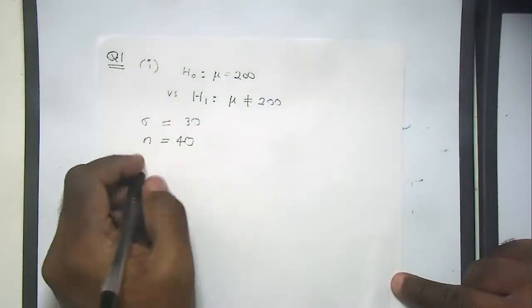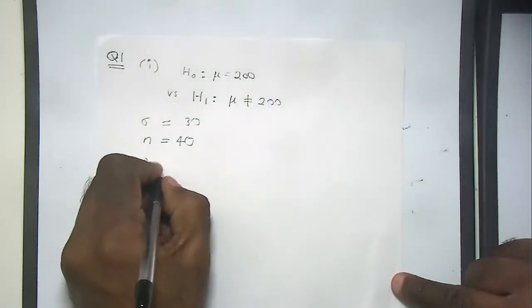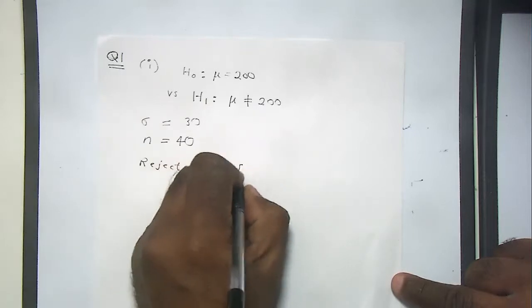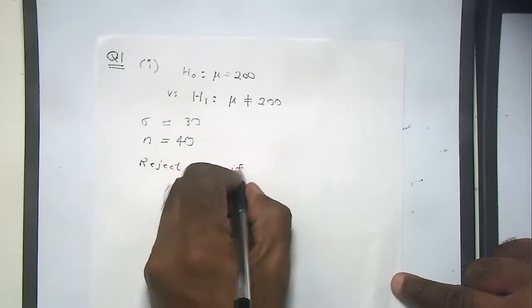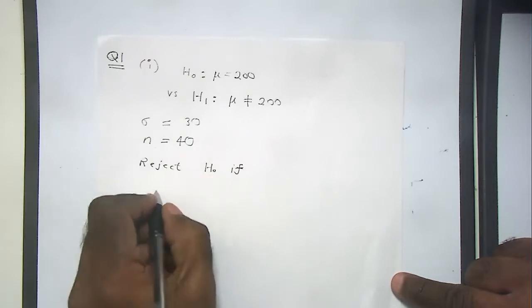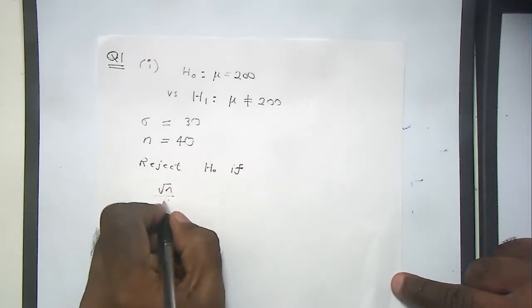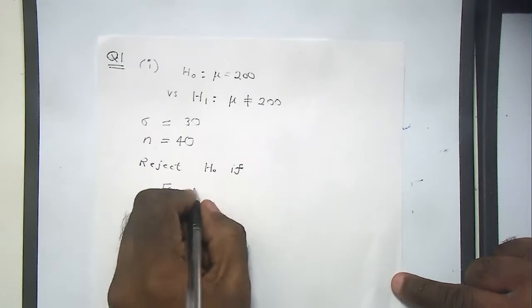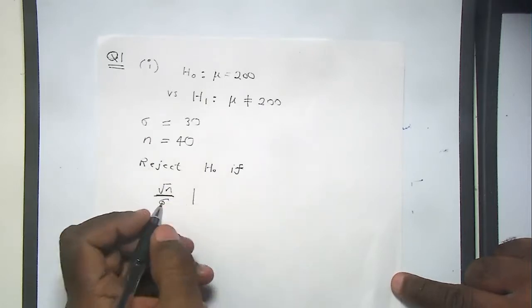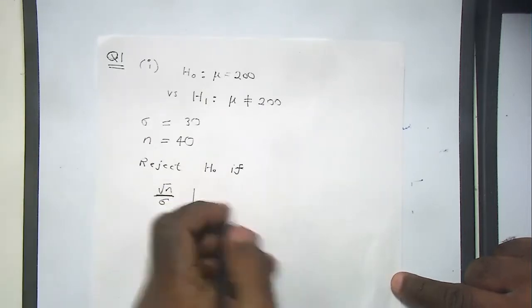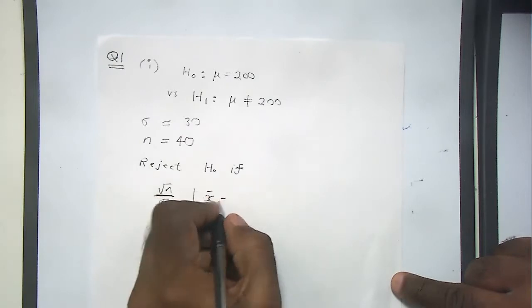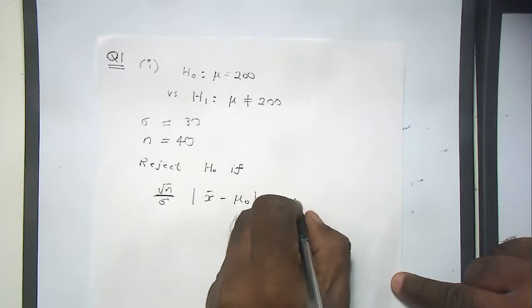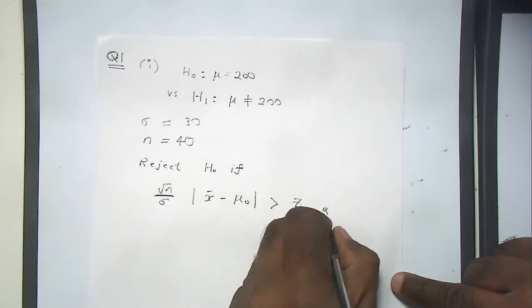So reject H0 if root of n divided by sigma times x bar. X bar I'll figure out in a sec. This is the rejection rule that you need to use, right?